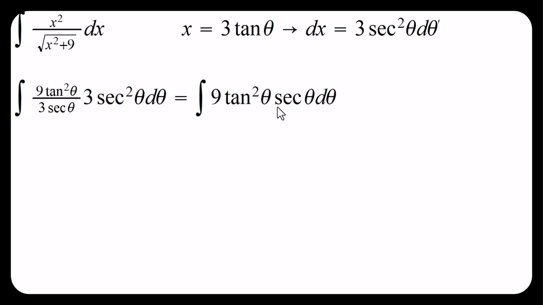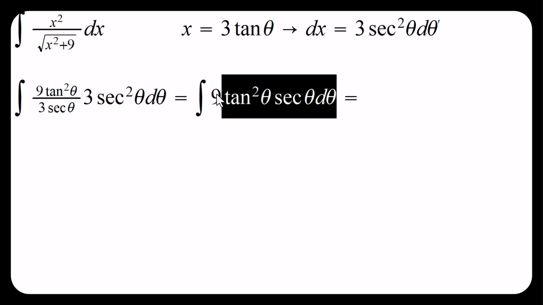Now the trouble is that the derivative of tangent theta is secant square theta. We cannot substitute it that way, and the derivative of secant theta is secant theta tangent theta. But if we do that, we will have only tangent theta remaining here. So I think a good approach would be this.